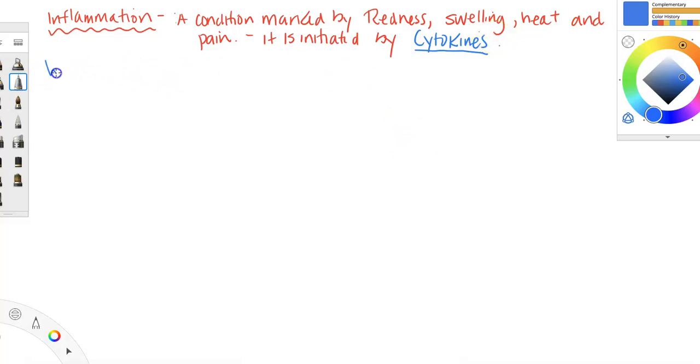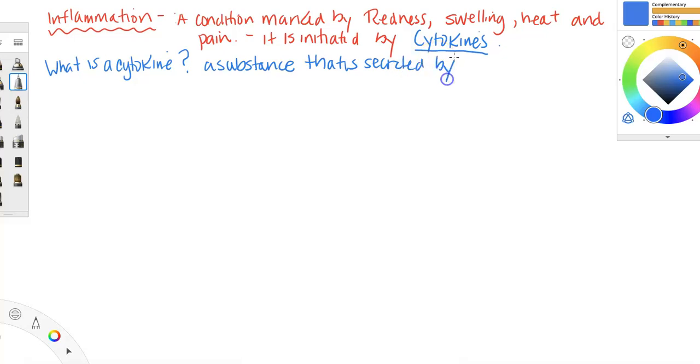Okay, so what is a cytokine? So a cytokine is a chemical, and what it is, it's a substance that is secreted by certain cells of the immune system and has an effect on other cells.